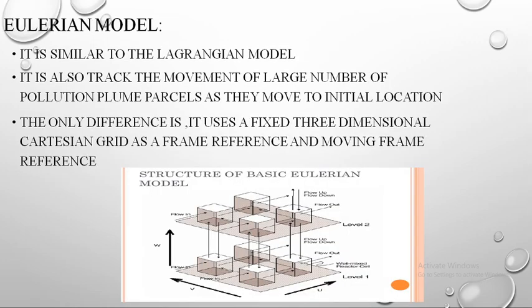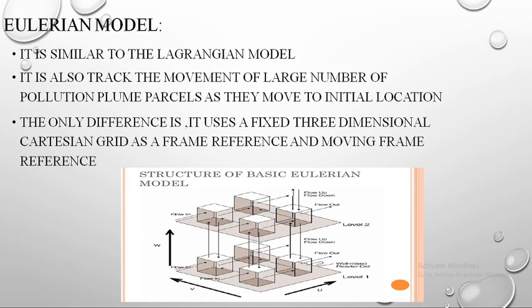Next one is the Eulerian model. It is similar to the Lagrangian model. It also tracks the movement of a large number of pollution plume particles as they move from their initial location.